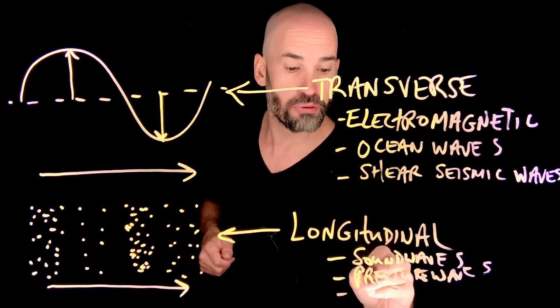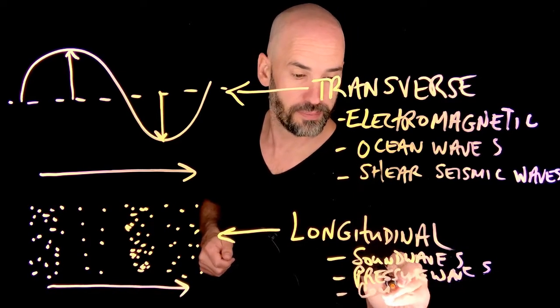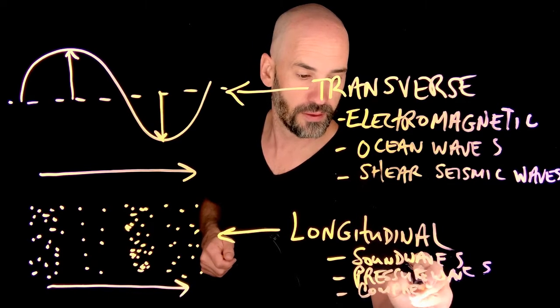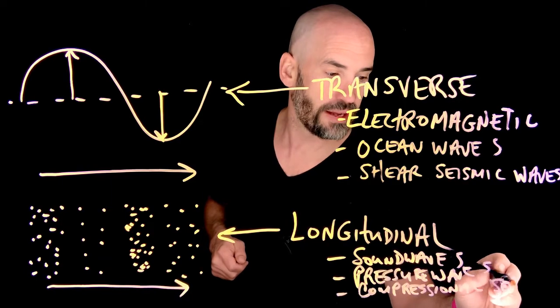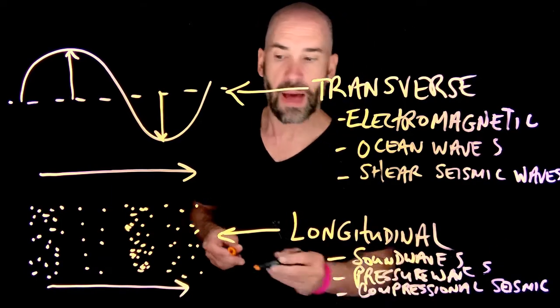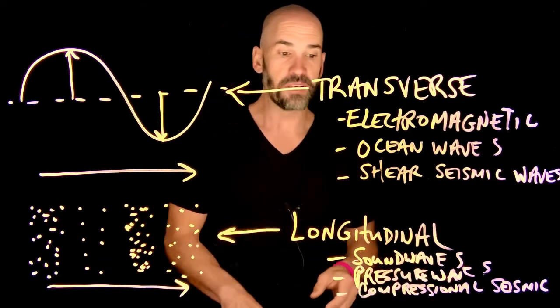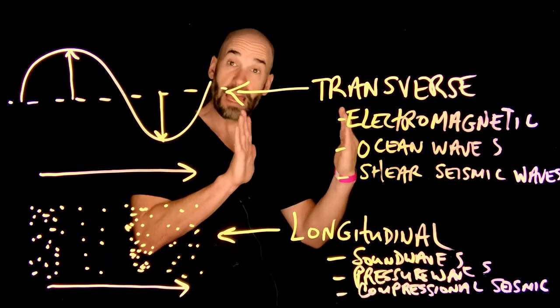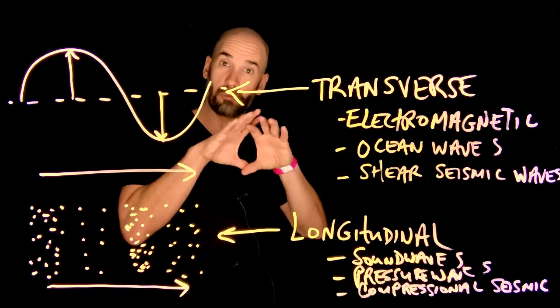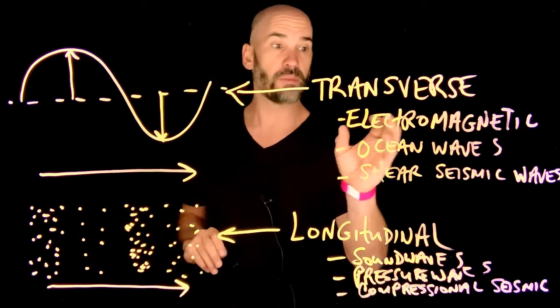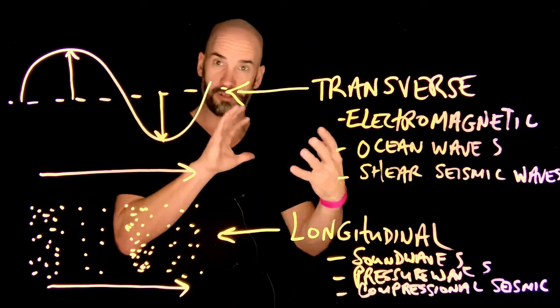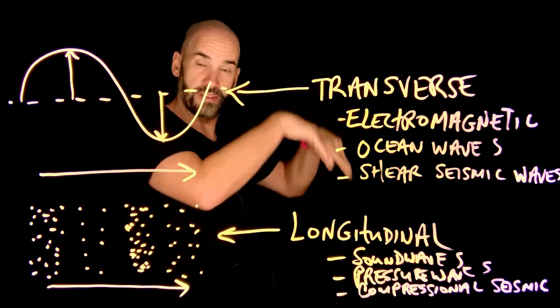And you also have compressional seismic waves. So some seismic waves happen because the actual Earth, what composes the Earth, is compressing this way, and some seismic waves happen because what the Earth is made up of is actually waving this way.